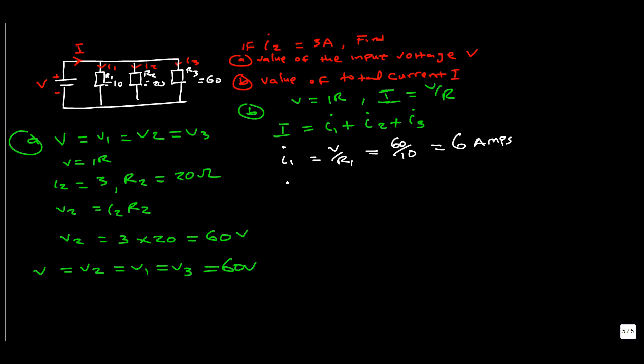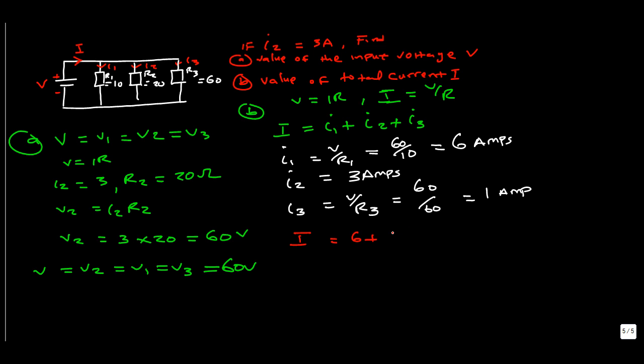We know that I2 was given as 3 amps, so we don't need to work that out. I3 is V over R3, which is 60 over 60, and that's equal to 1 amp. So the total current is equal to I1, which is 6, plus I2, which is 3, plus I3, which is 1, and we get I is equal to 10 amps.